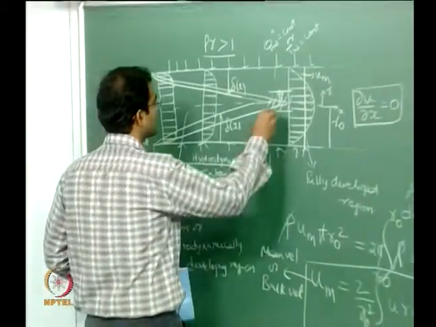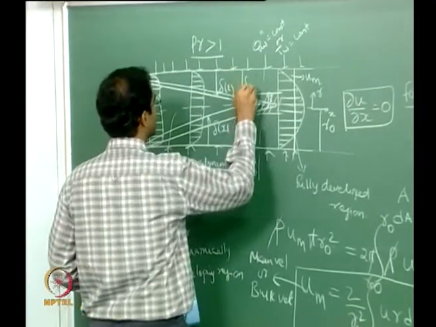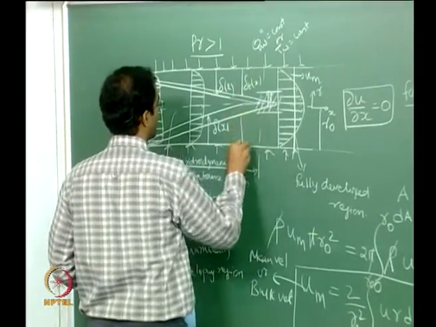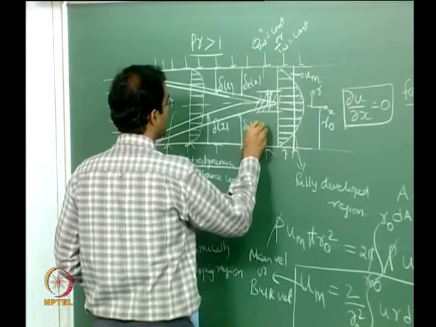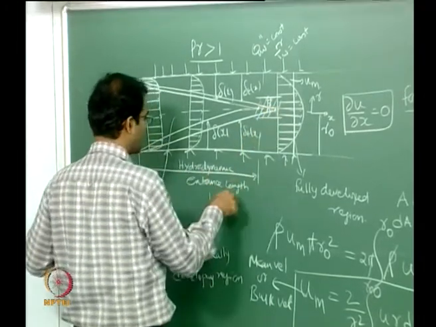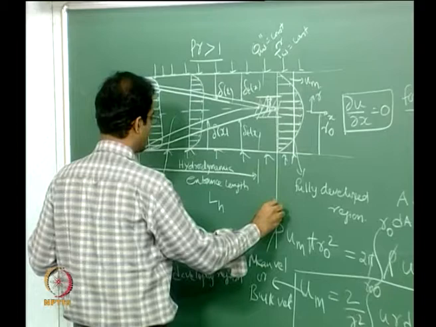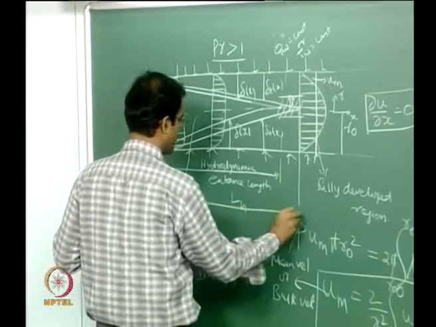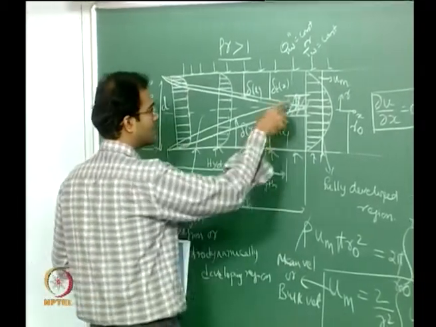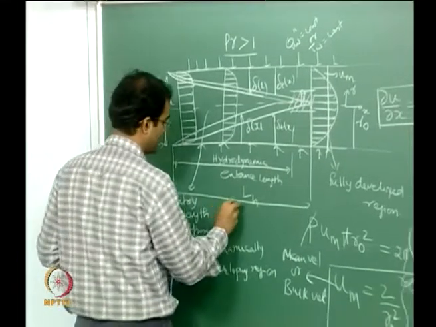Somewhere they will be merging here. So this will be my delta T x. Similar to the hydrodynamic entrance length, I can also define what is called a thermal entry length, the point where the two thermal boundary layers merge.